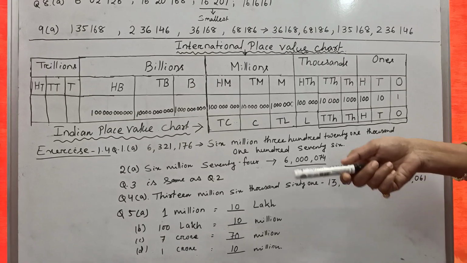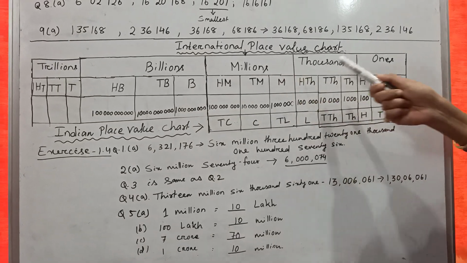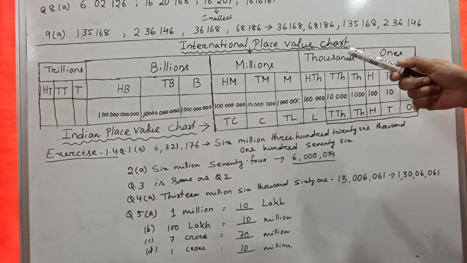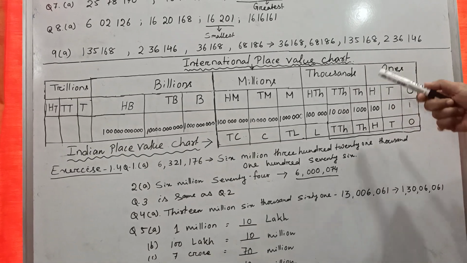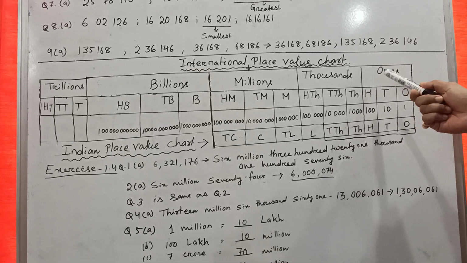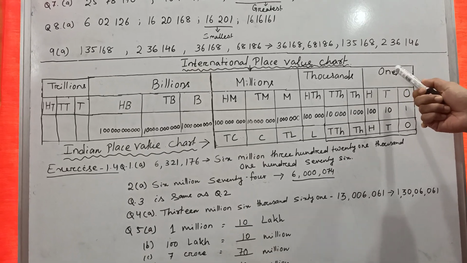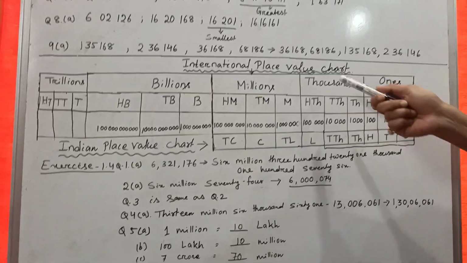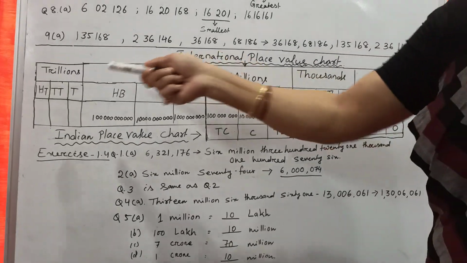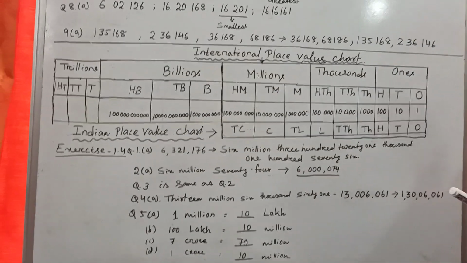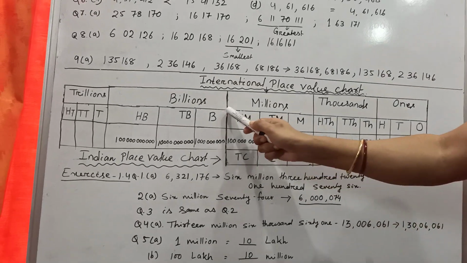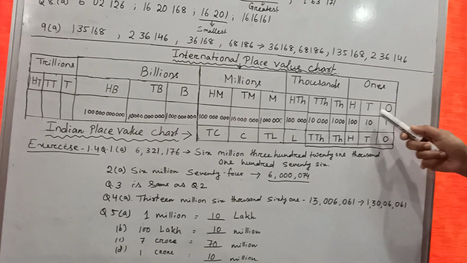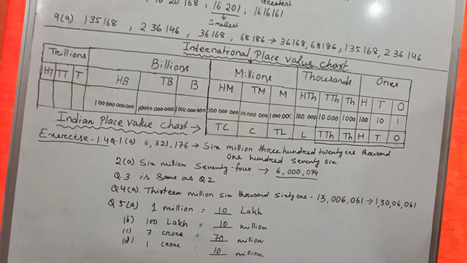Then come to the next exercise, that is the international place value chart. In the international place value chart, there are periods: ones period, thousand period, million, billion, trillion. But in your syllabus it is given up to million. Ones period is divided into 3 parts: 1, 10, 100.